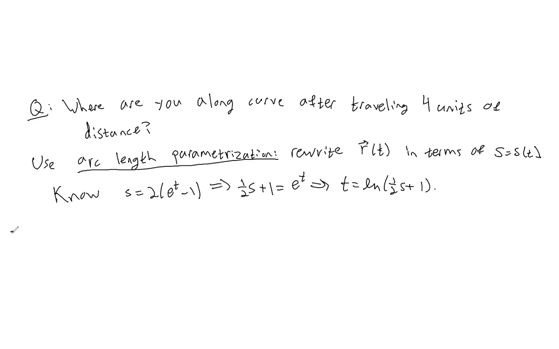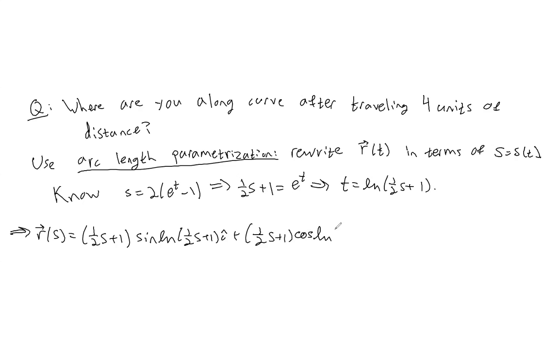Now we can say what we wanted to, so that the arc length parameterization is r of s in this case is still, we have e to the t, so that's going to be 1/2 s plus 1 sine ln 1/2 s plus 1 i plus 1/2 s plus 1 cosine ln 1/2 s plus 1 j plus root 2 times 1/2 s plus 1.